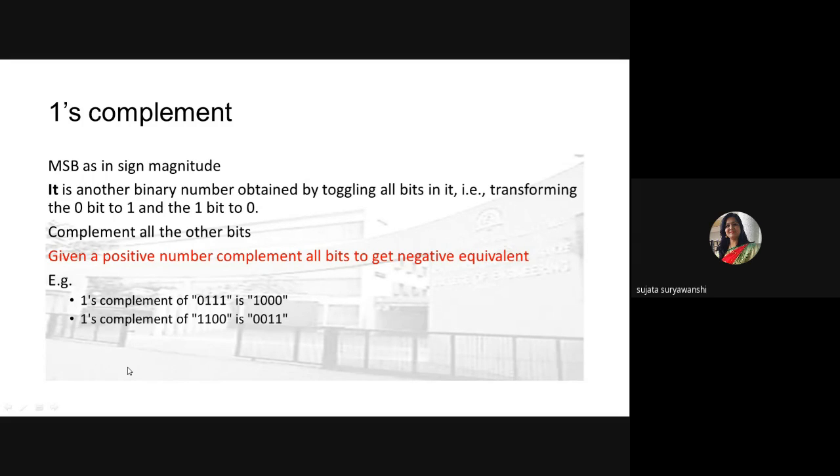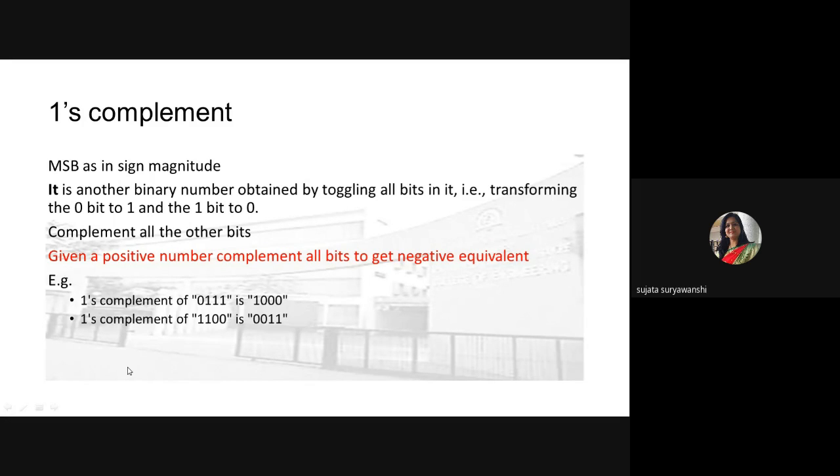Okay, so suppose the number is +5, that is 0 1 0 1. If you want to find the ones complement of the given +5, we can't invert that 0, the MSB bit, as that MSB bit is reserved for the sign of that number, and we can't alter that sign bit.